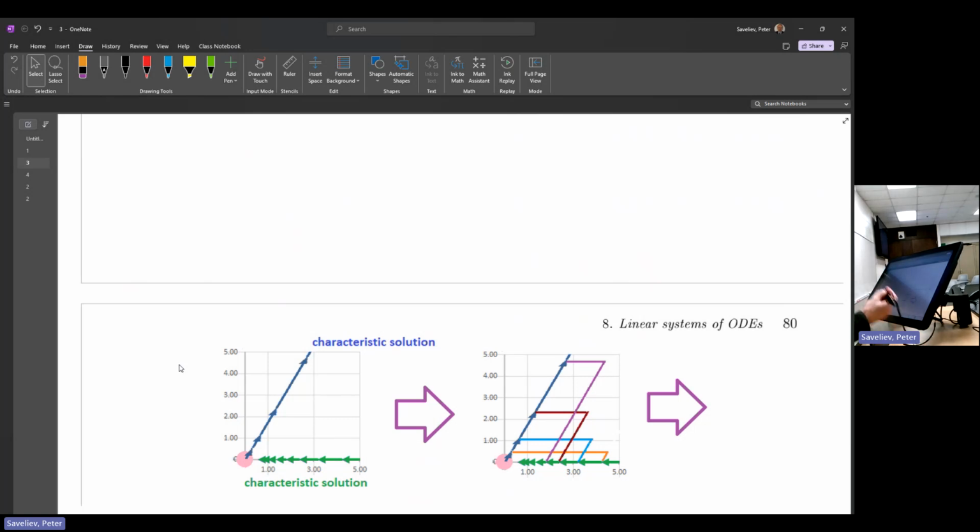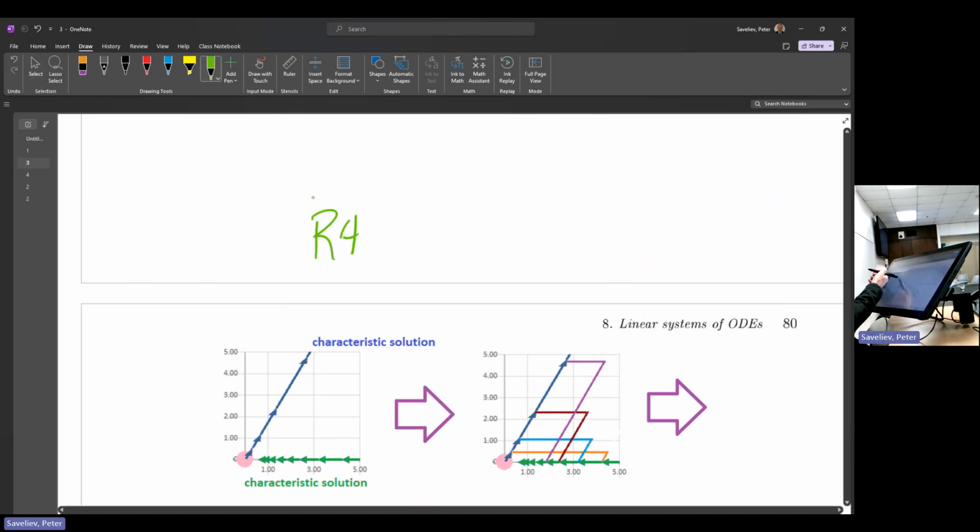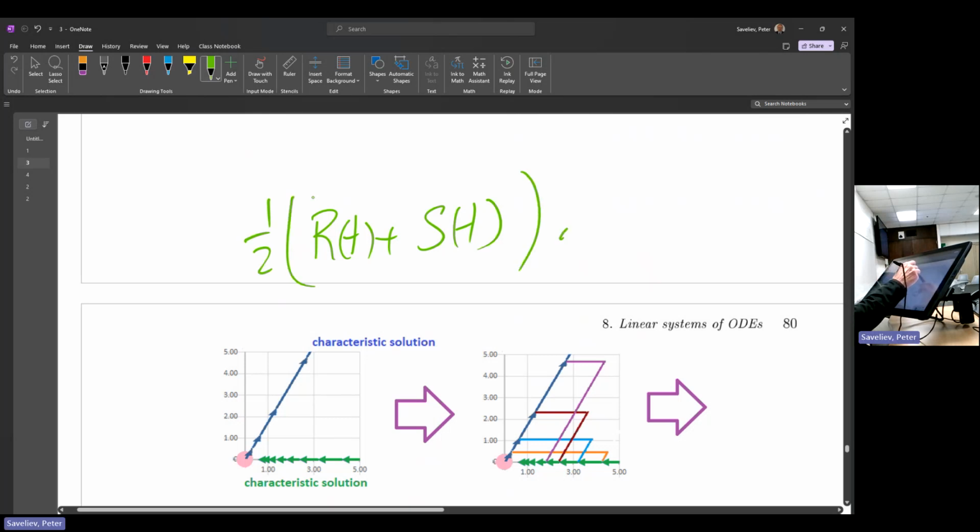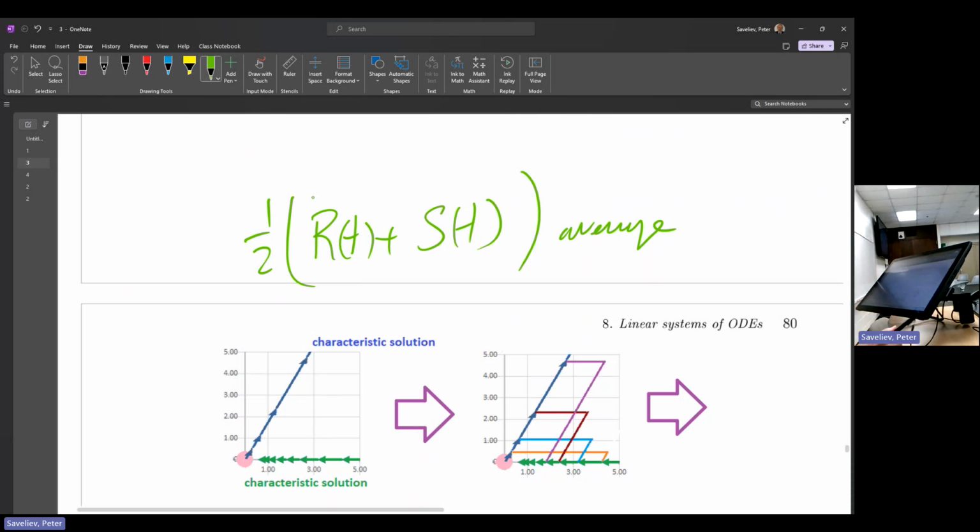I actually do it on the right in a more complex way, but one way is literally averaging. So say r(t) plus s(t), with a half average. In other words, it is a linear combination with weights 1/2 and 1/2, which means I have to pair them up appropriately.